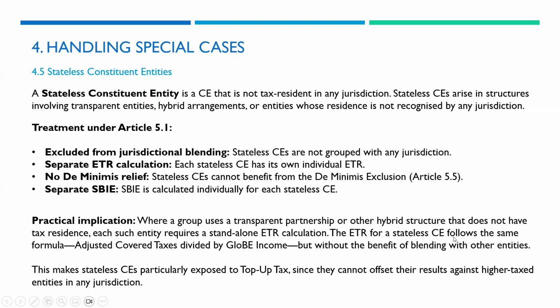The ETR for a stateless CE follows the same formula, adjusted covered taxes divided by GloBE income, but without the benefit of blending with other entities. This makes stateless CEs particularly exposed to top-up tax since they cannot offset their results against higher tax entities in any jurisdiction. So whenever it says a stateless entity, that is a liability because it could bring in top-up tax.